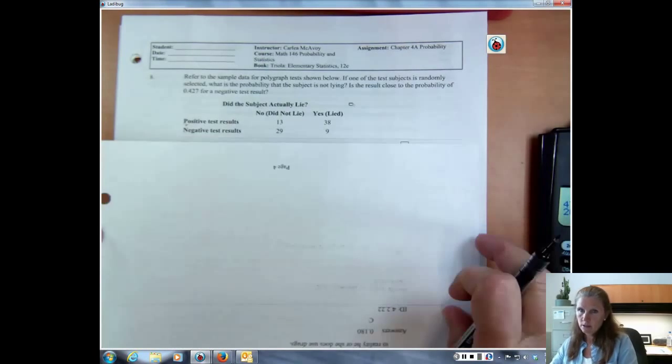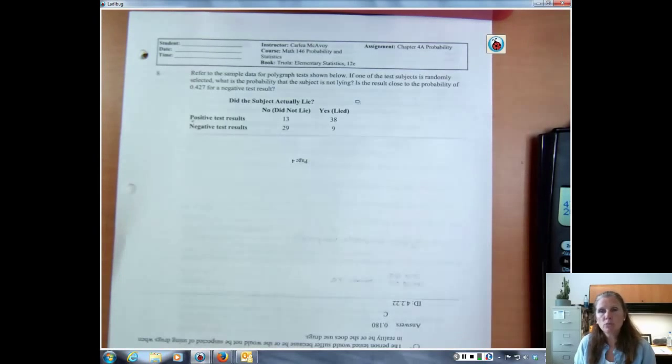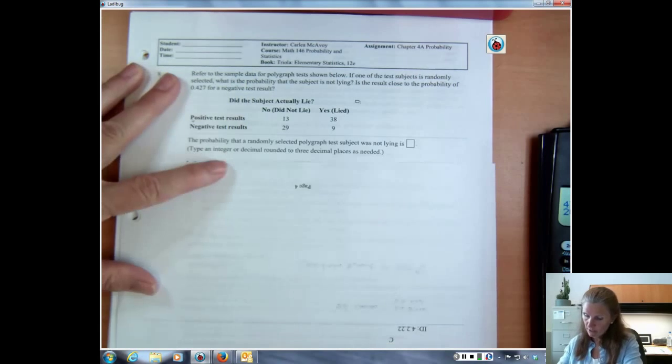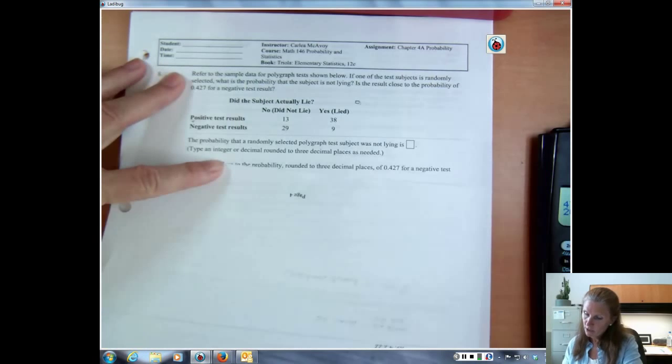Refer to the sample data for polygraph tests shown below. If one of the test subjects is randomly selected, what is the probability that the subject is not lying? Is the result close to the probability of 0.427 for a negative test result? Okay, I don't know what that's talking about. But anyways, we want to know the probability that the person was selected and was not lying.